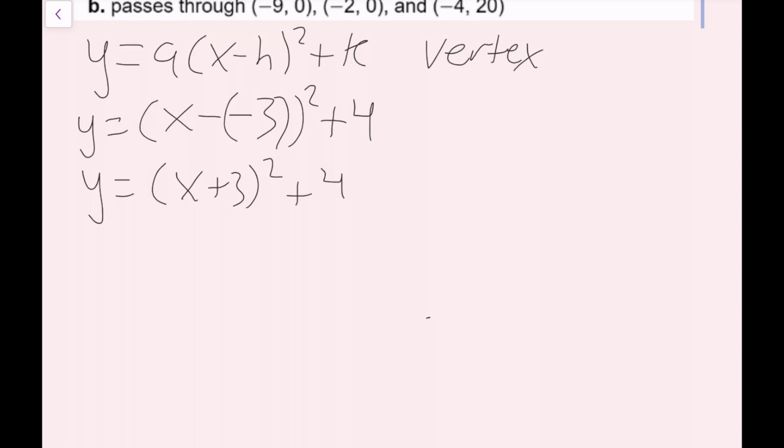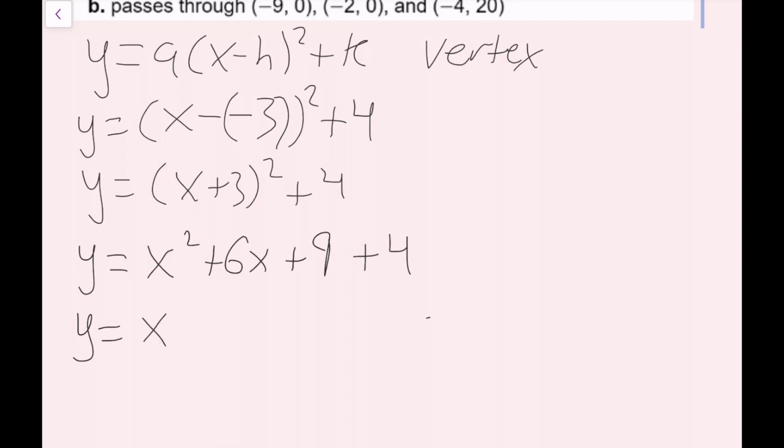So for this specific case, it's going to be y equals x squared plus 2 times x times 3, which is going to be 6x, and then plus 9. And then I have to remember this plus 4 right here. Then I just have to add 9 and 4, and then I will be in standard form. y equals x squared plus 6x plus 13.